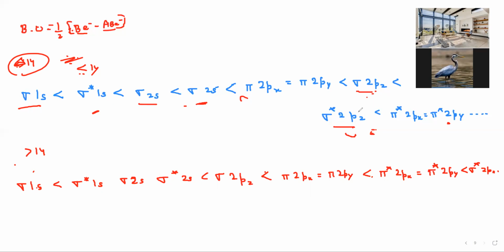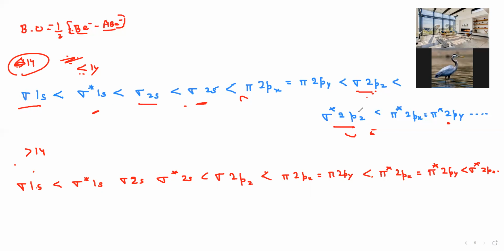Suppose you have oxygen, which has 16 electrons. Which series will you apply, first or second? The second one, because it's 16, not 14.